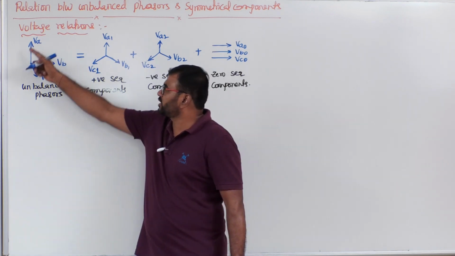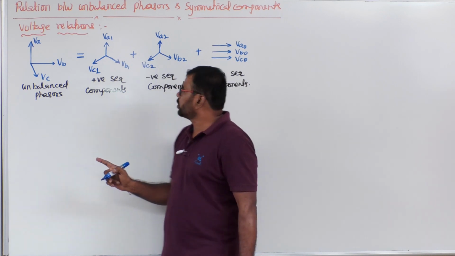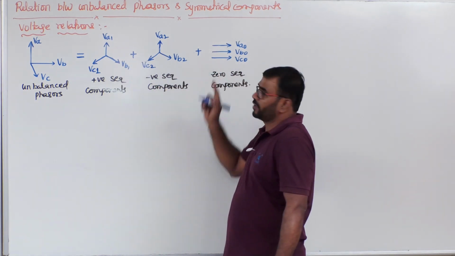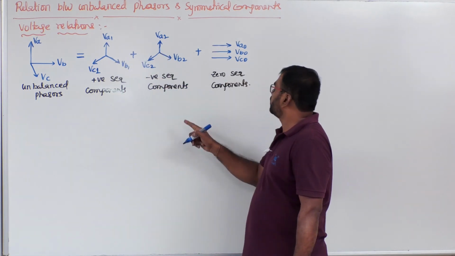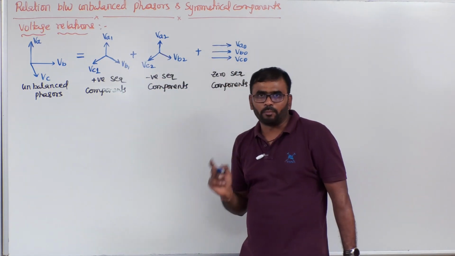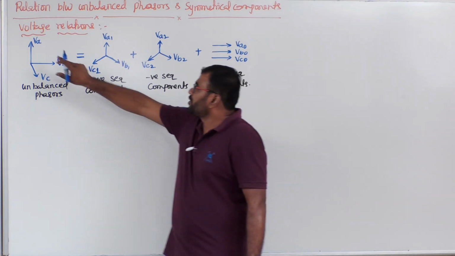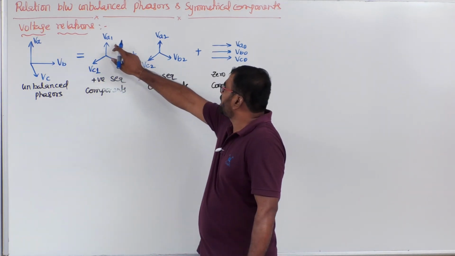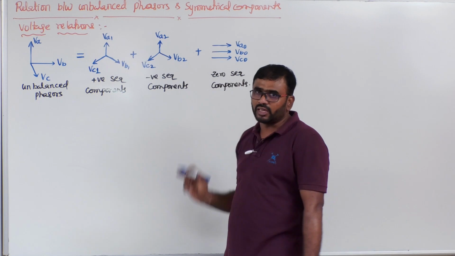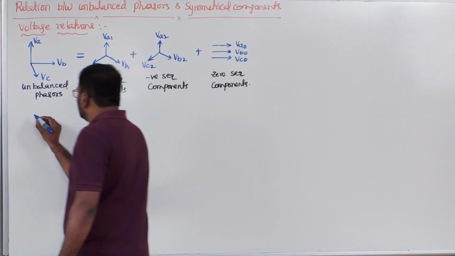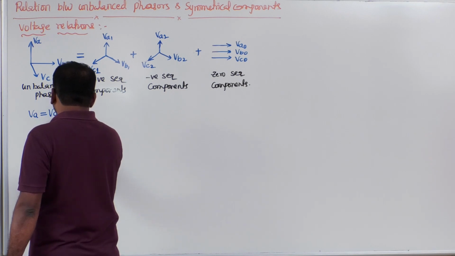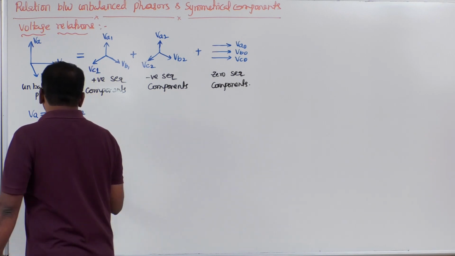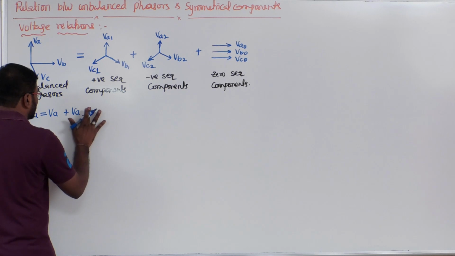Now I am splitting these three phasors into three balanced systems of phasors, namely positive sequence components, negative sequence components and zero sequence components. So mathematically VA is equal to VA1 plus VA2 plus VA0. So I am writing here VA is equal to VA1 plus VA2, otherwise I will write zero sequence first.